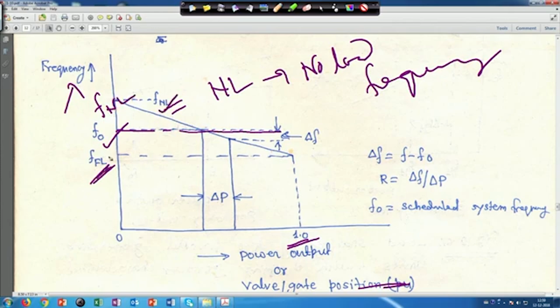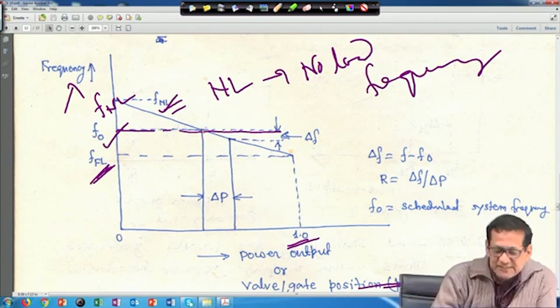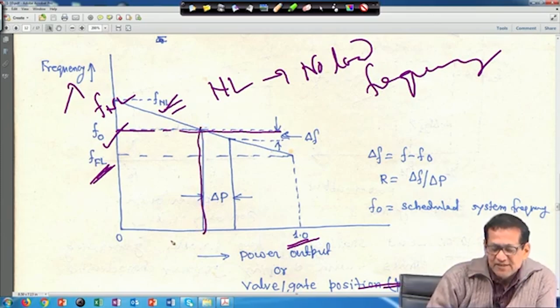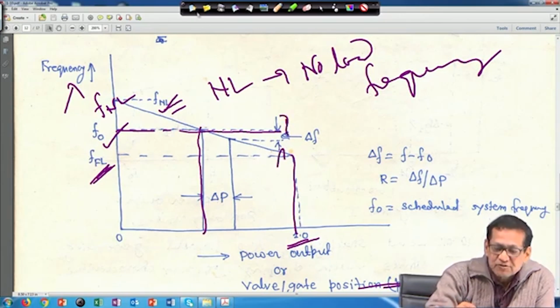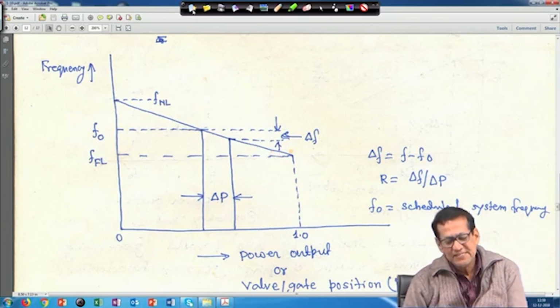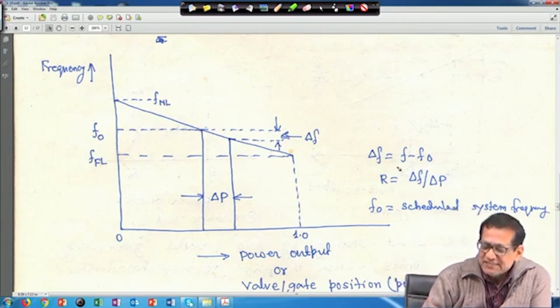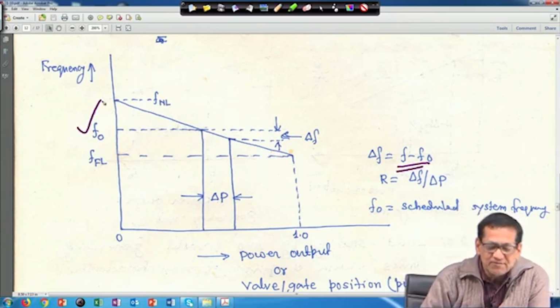At no load, when power is 0, the frequency is like this, and when operating at nominal frequency, the power is this much. At full load, the frequency drops from here to here. In this case delta f is equal to f minus f0, because f0 is the nominal system frequency.